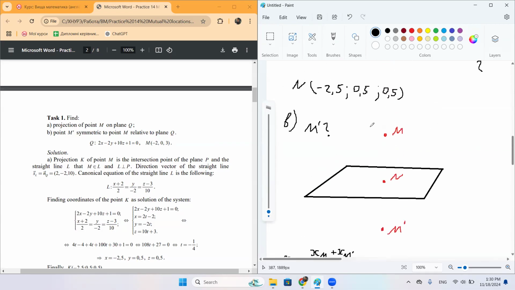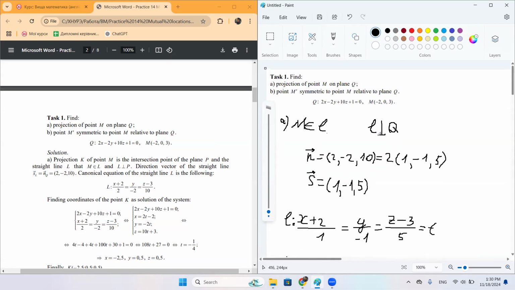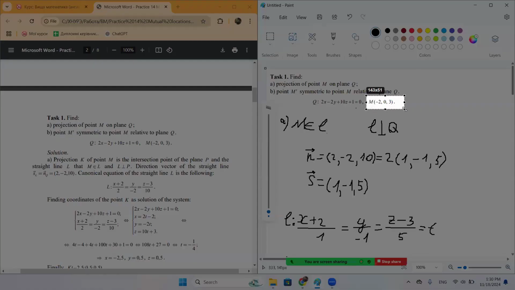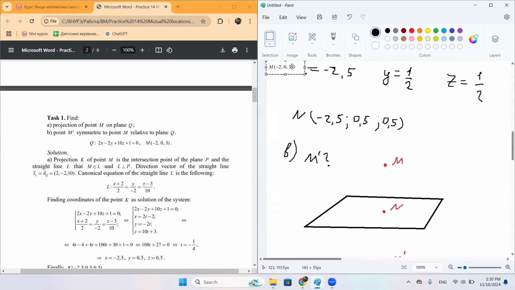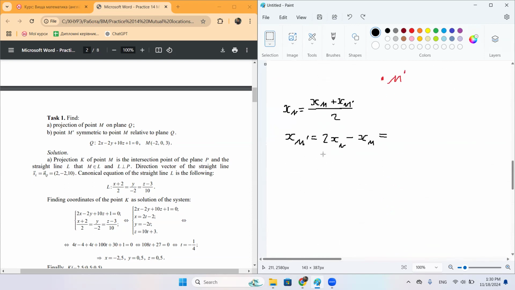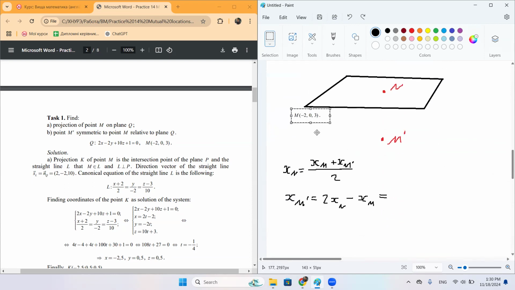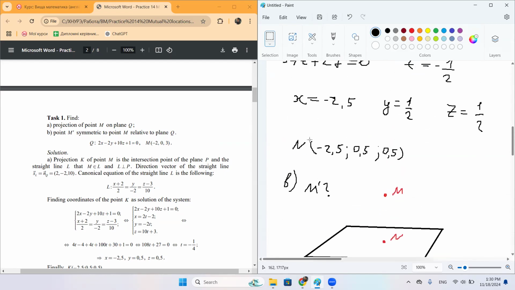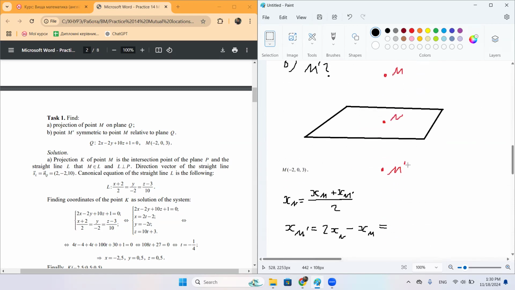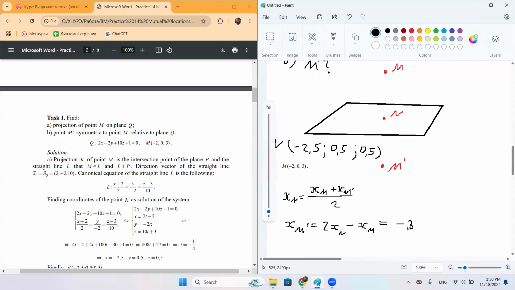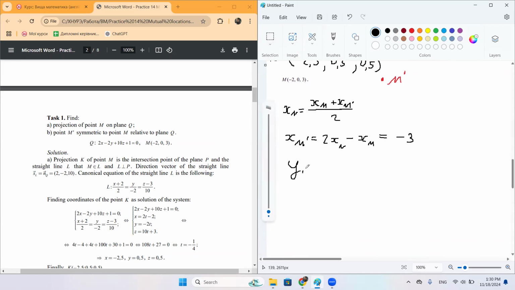So, yeah, and let me copy and paste coordinates of M. So minus, so 2 and N, of course, as well we need. So minus 5 plus 2, so minus 3. Then y M prime.